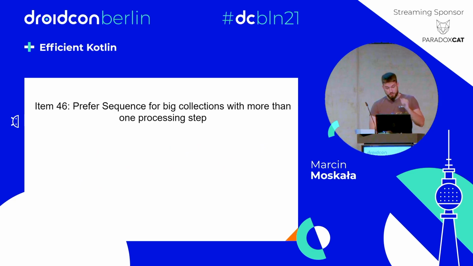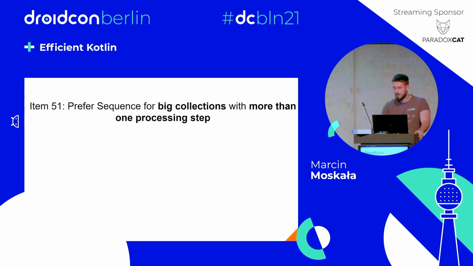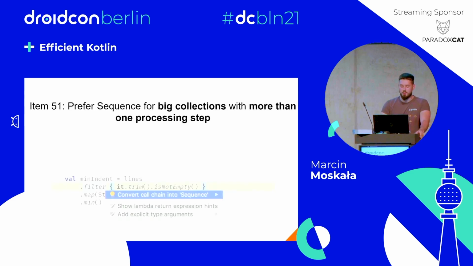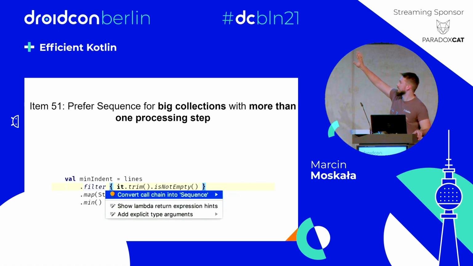So I suggest to use sequence for big collections, big in terms of memory use, or in terms of the number of operations. That means tens of thousands of operations, not hundreds of operations, with more than one processing step. And to make it clear, I'm not pro this suggestion that was in Kotlin some time ago, and it was very controversial, to always convert into sequence.